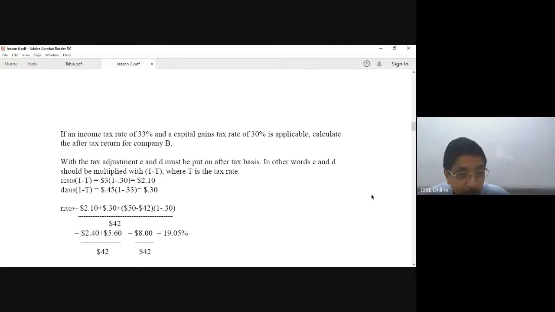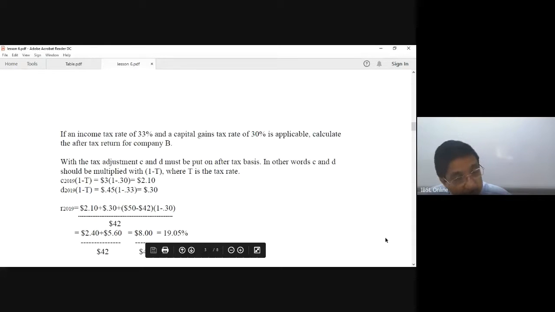Now what will be the particular thing? So we can really check. I think this is the most important part of this one period rate of return calculation. Now tax involvement also has to be included here. So when you include the tax involvement here, you just check. This is the dividend and capital gains.